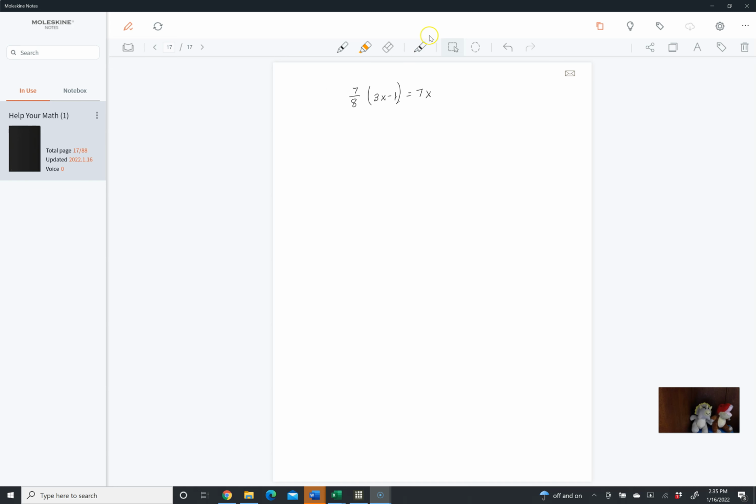So let's start by multiplying by 8. If we multiply the left side of the equation by 8, then the 8's on the left cancel, and we don't have to worry about multiplying this 3x minus 1 by 8, because this 7 over 8 would normally get distributed, and what we're doing is getting rid of the 8 before we distribute. Once we're left with the 7, we're still going to distribute that.